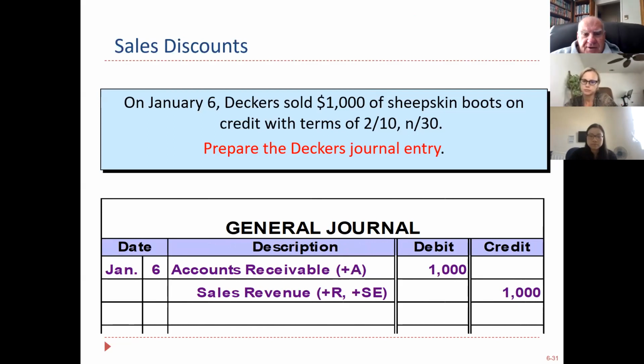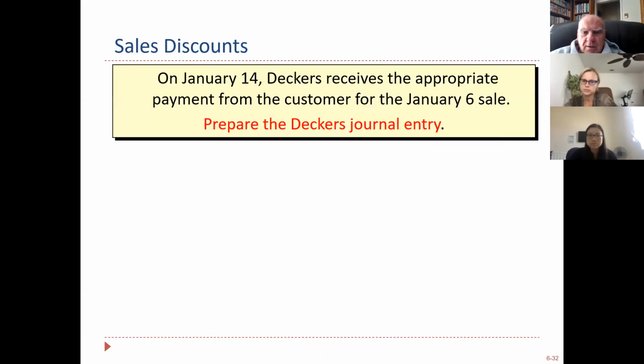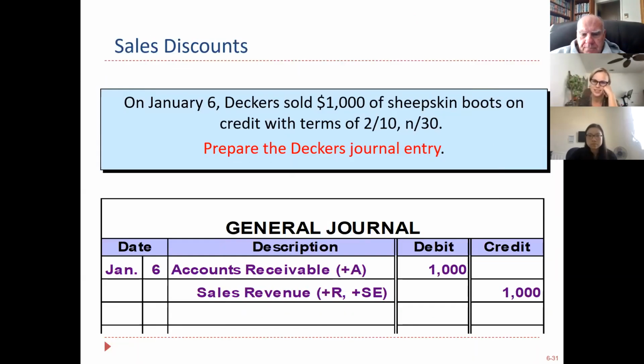So now this guy has to pay us by, I guess, the 16th of January, right? I think this is the part I would have totally gotten wrong, because I probably would have factored in the discount. That's an easy mistake to make. You don't worry about the discount at the point of sale. It has nothing to do with the sale, okay?